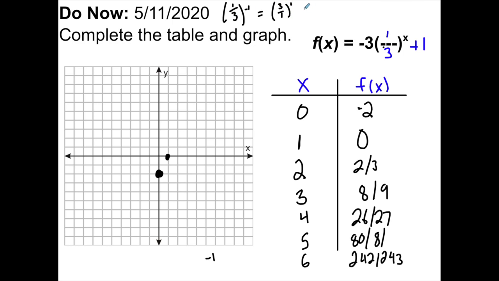So it's 3 over 1, which is 3. So it's 3 to the 1. So it's 3, and then I do 3 times negative 3, which becomes negative 9, and negative 9 plus 1 is negative 8.